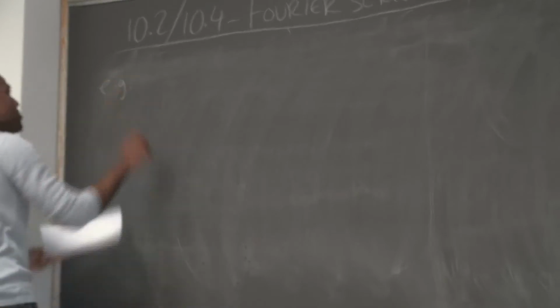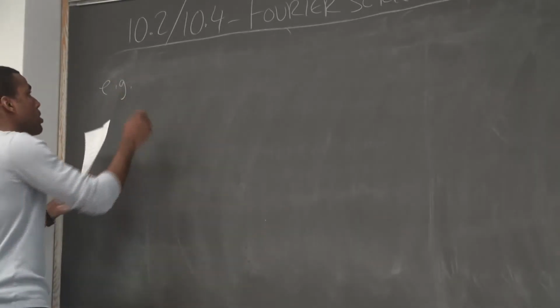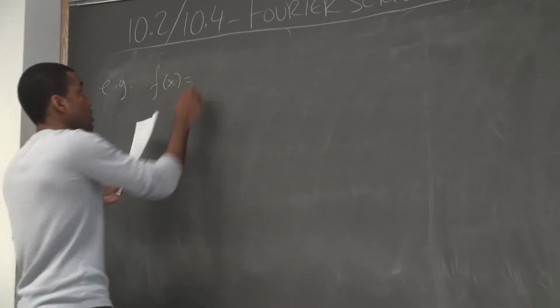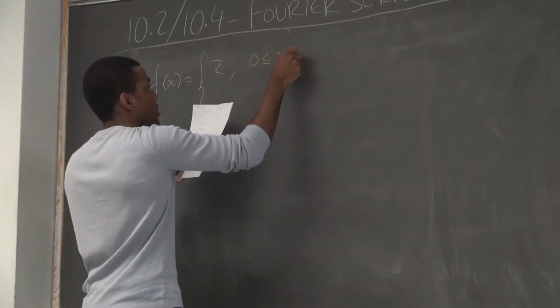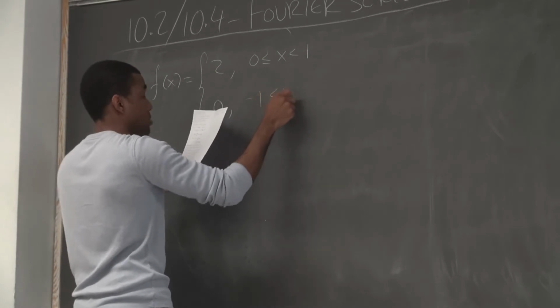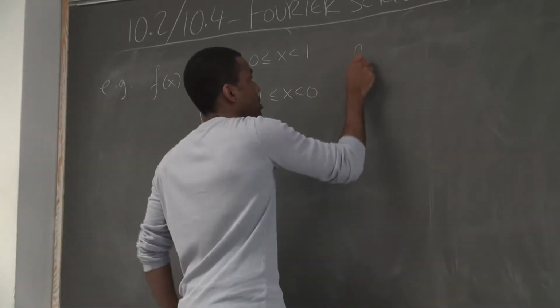Example. Let's say f of x is, I give you the function, it's 2 on the interval (0, 1), it's 0 on the interval (-1, 0), and I ask you to find its Fourier series.